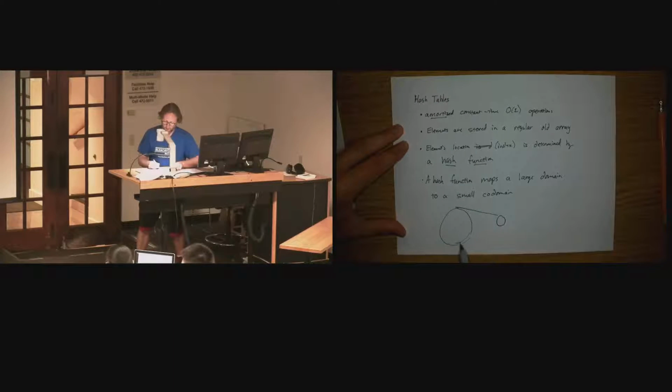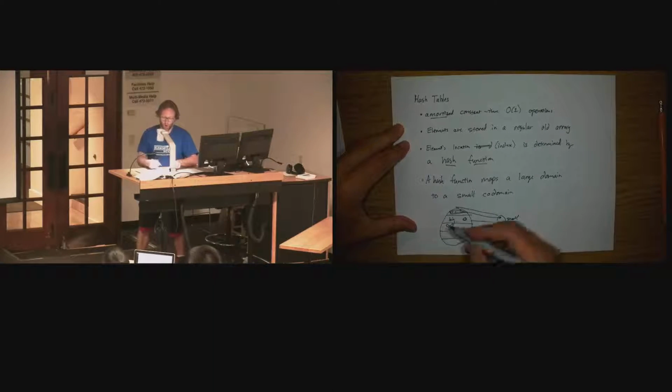And so you're necessarily mapping something big, say even infinite, down to something small. The way that you end up doing it is by taking the domain and hashing it. Everything in this section, say, gets mapped to this one element over here. Everything in this section gets mapped to another element over here, et cetera. You are hashing up the domain into the small codomain. Remember, this is the domain of a function. This is the codomain.